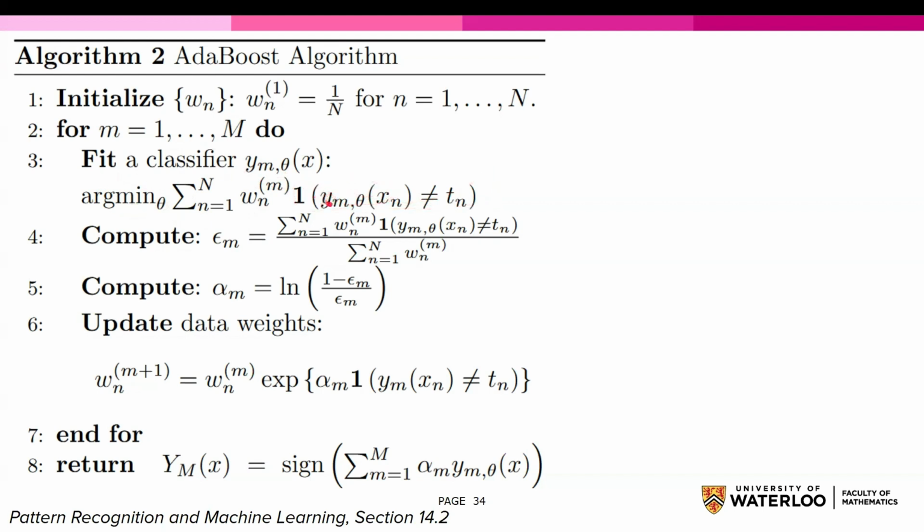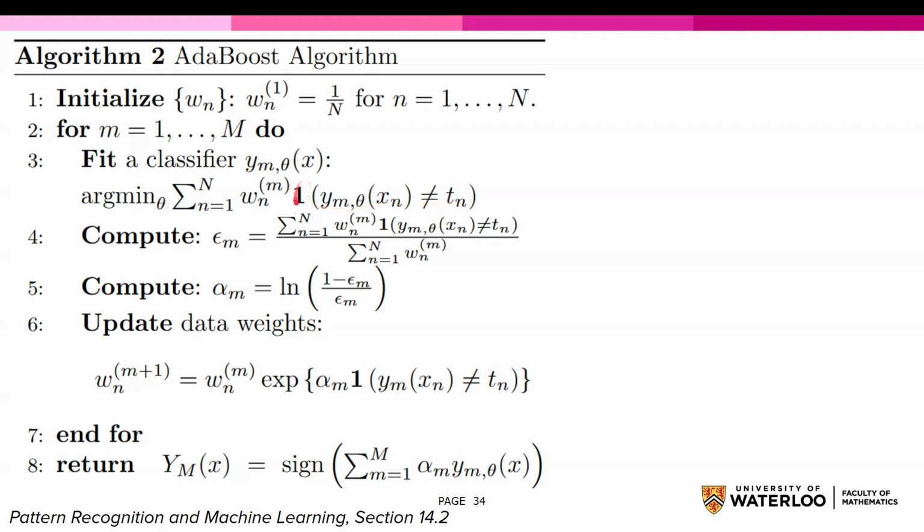Here, this is y sub m comma theta of x of n. That's the prediction of the base model for a particular point x of n, and we want to find out when those predictions don't match the target value t of n for a particular point.